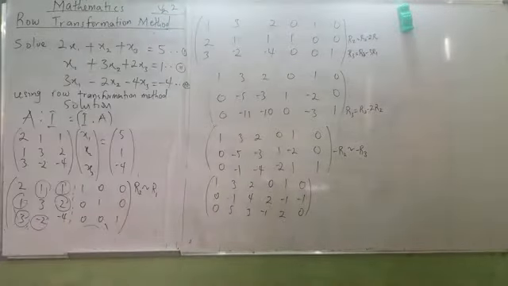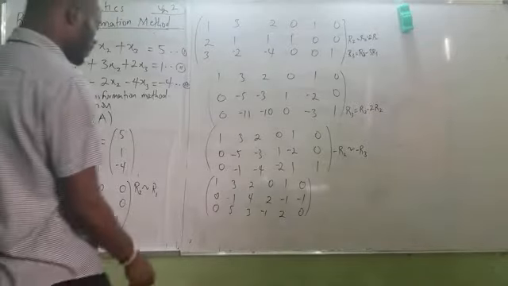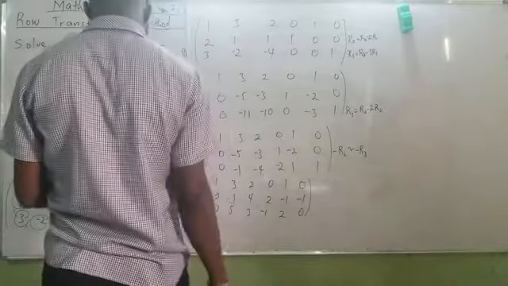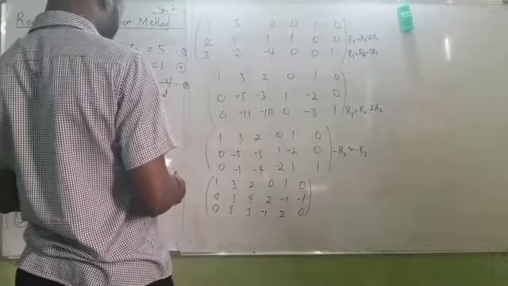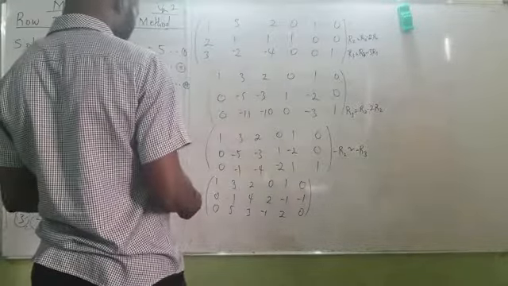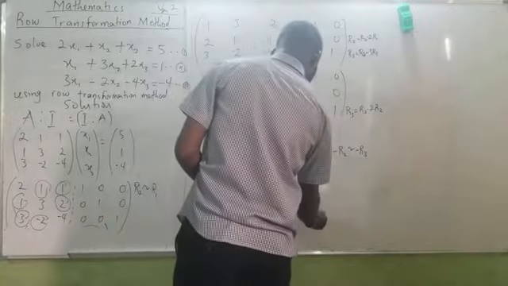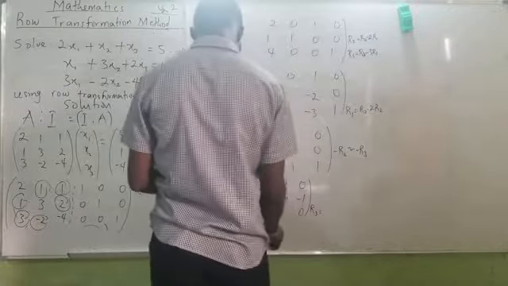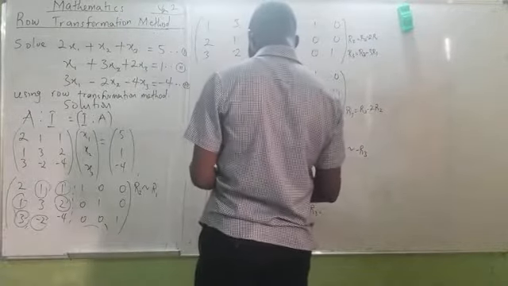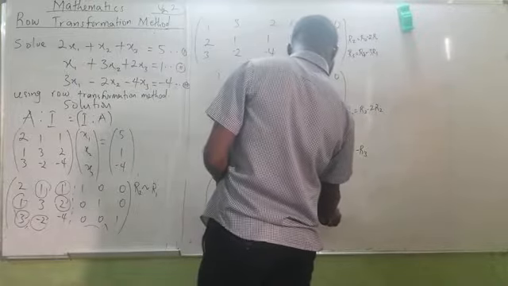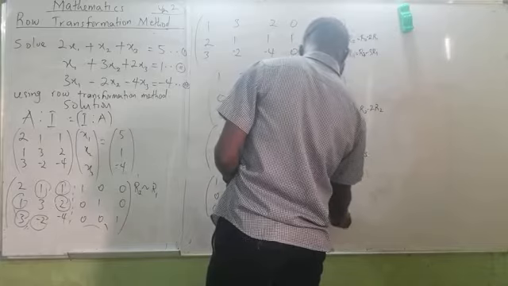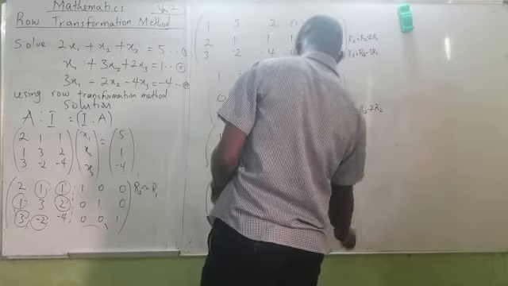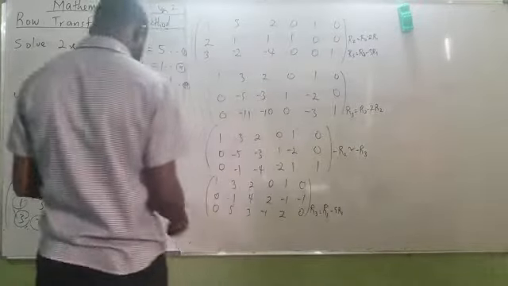Okay, you can see now that I have problem with this. I have problem with that, which I can say that what my R2, R3 can be equals to R3 minus 5R2.